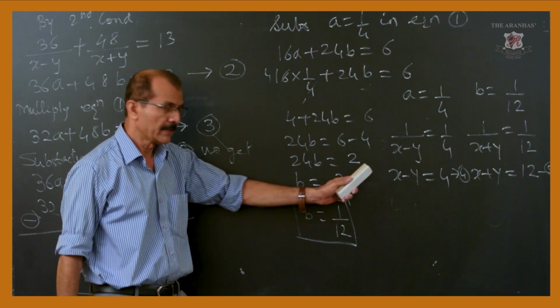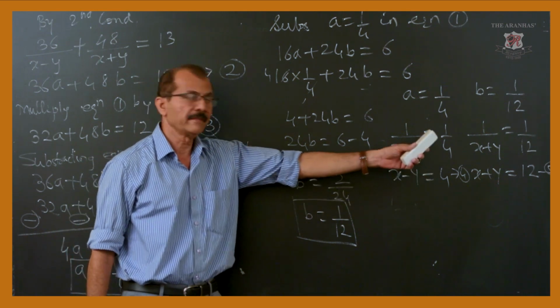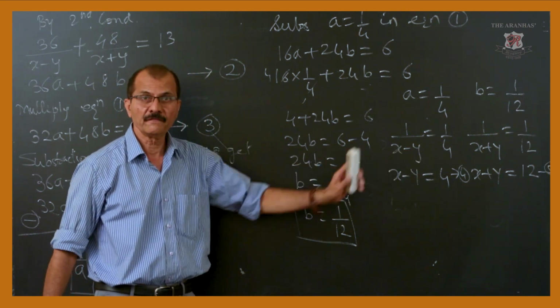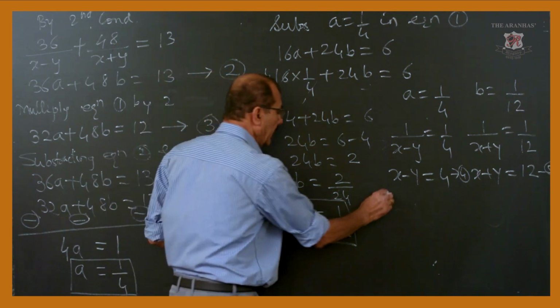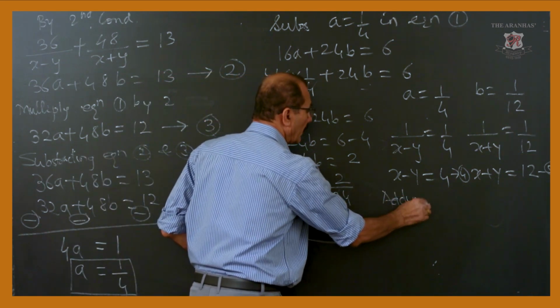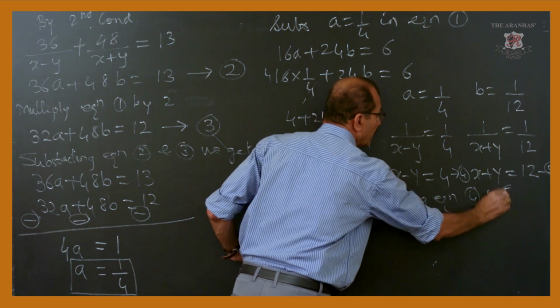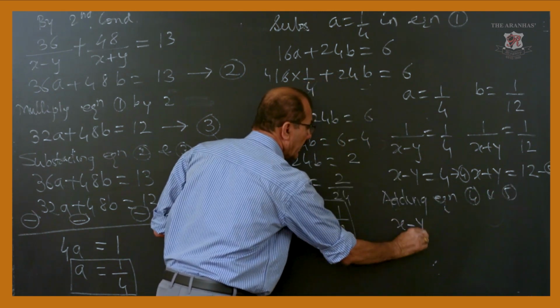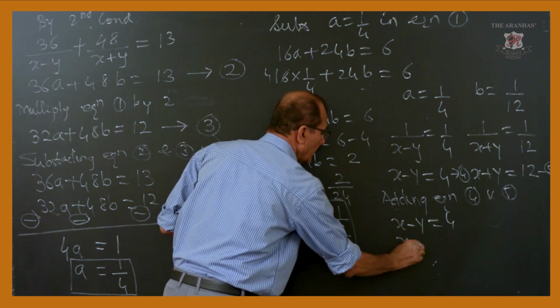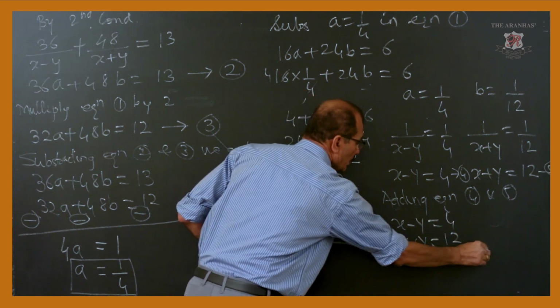Solving this 4 and 5, you get your values of x and y. So, adding equation 4 and 5, x minus y is equals to 4, x plus y is equals to 12.